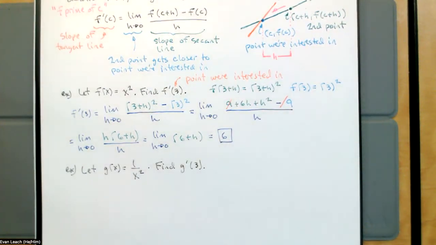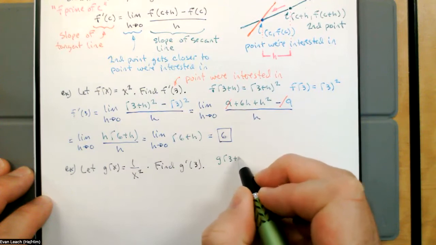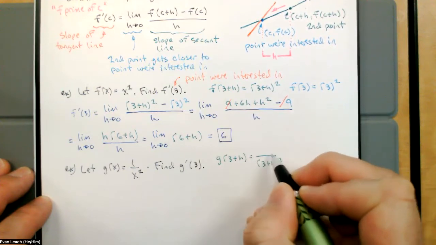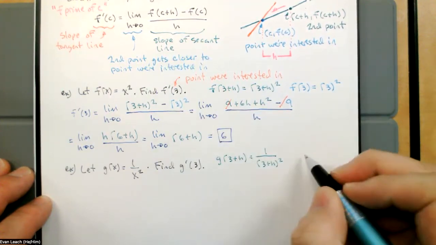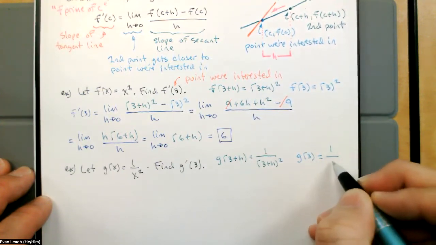So let's say that g of x is 1 over x squared. Let's find g prime of 3. So we're interested in the same point, but we have a new function. Now our function will be played by the role of 1 over x squared. So g of 3 plus h will equal 1 over 3 plus h squared, and g of 3 will be 1 over 3 squared.